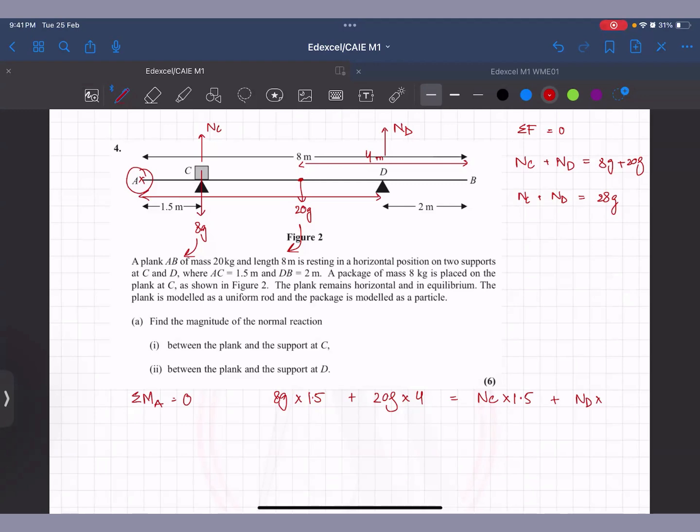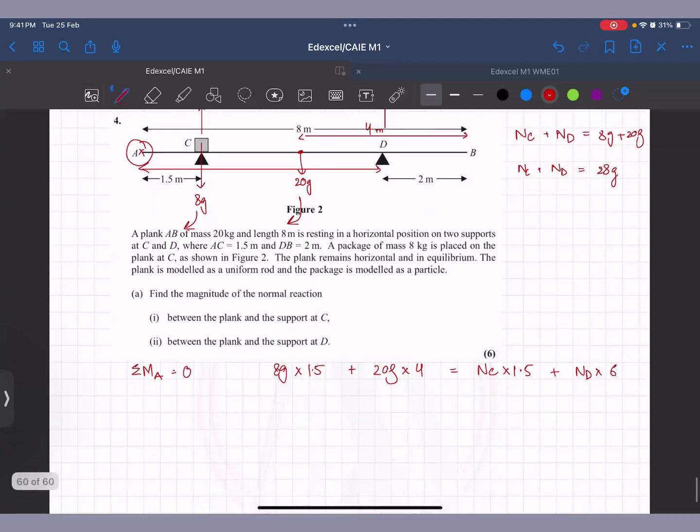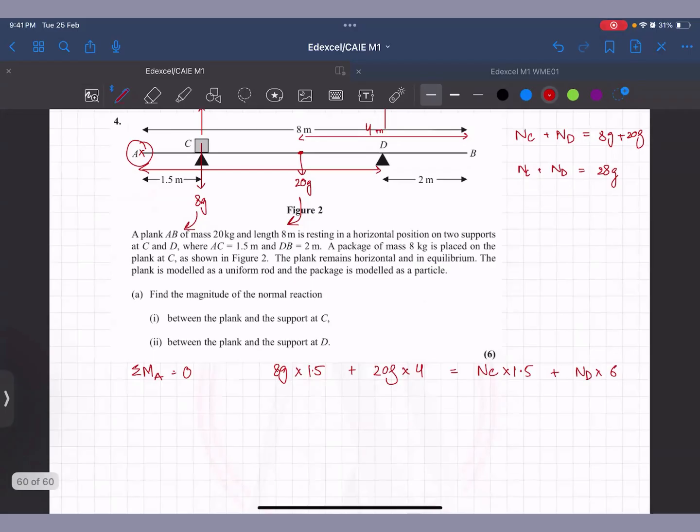So 8 minus 2 is 6 meters. These are the two equations, and then we solve them simultaneously.